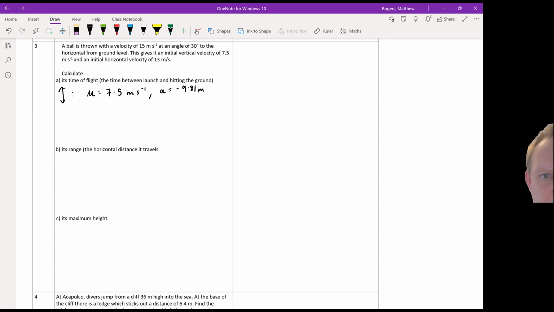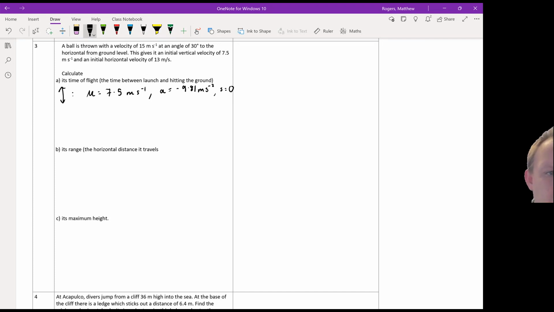Let's try and stick to the right way of writing the units. And we know that the total displacement in this particular case in the vertical direction is 0. That's because it's launched and lands at the same height.